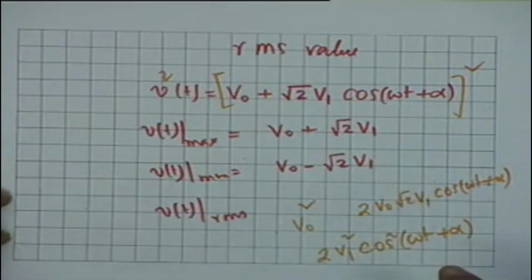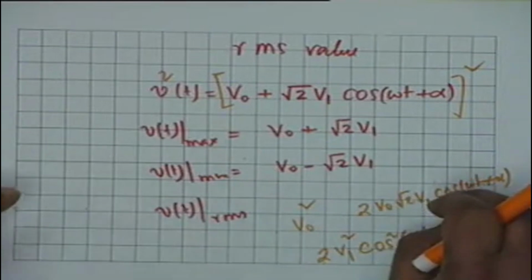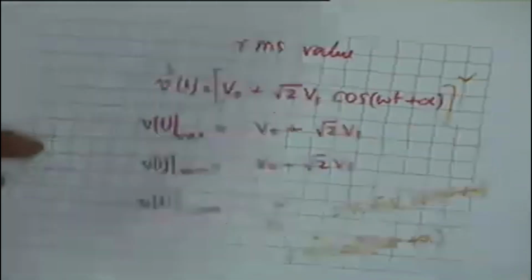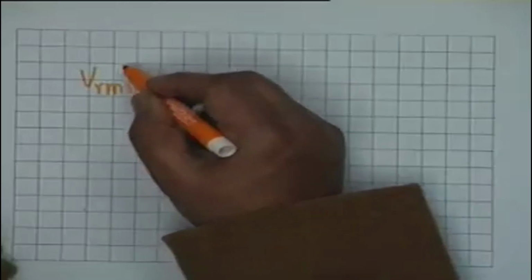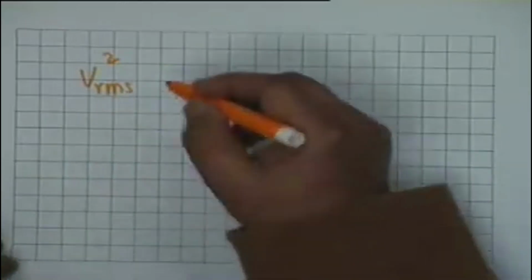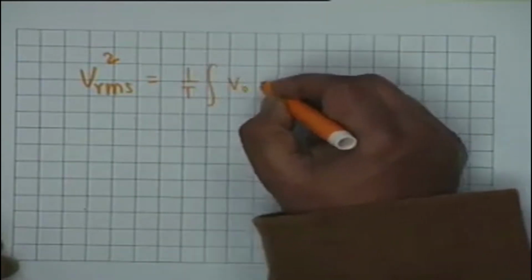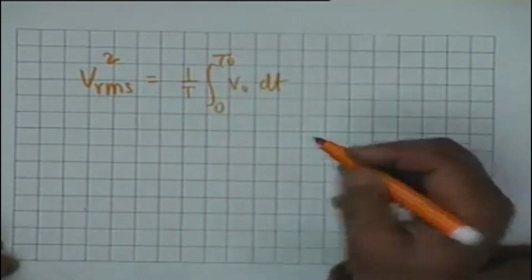To find the root mean squared value, each of these terms has to be integrated over one time period and then divide by the time period, capital T, that is, and the whole thing has to be square rooted. So if I say Vrms squared shall be equal to 1 by T, the first term is V0 squared dt, 0 to T0, alright.